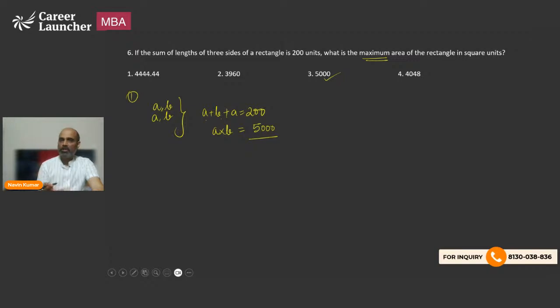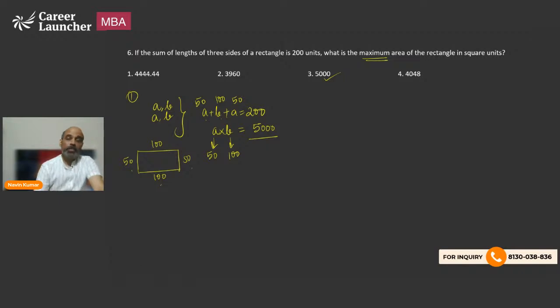Obviously 5,000 you have to write as the product, and then the sum plus one more variable as 200. If you think about it, I can write A as 50 and B as 100 such that the product is 5,000. So 50, 100 and 50 is 200. It makes sense, right? So we are actually talking about a rectangle with the sides 50 and 100, such that the sum of three sides of this rectangle is 200 and the product is 5000.